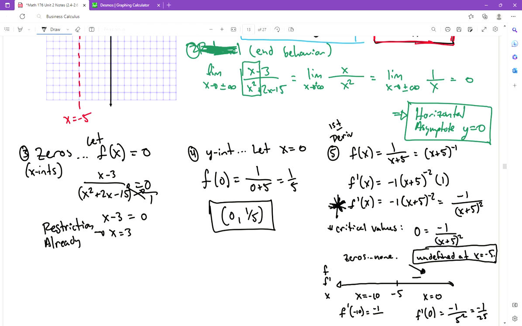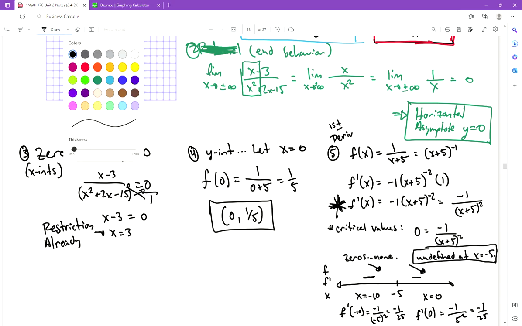Negative 10 plus 5 is negative 5, but that squared is still 25 down below, still negative 1 up top, so still negative. So still decreasing. So it's decreasing the whole time. There is no local max or min. All right, so that's good to know. So we know it's decreasing the whole time.